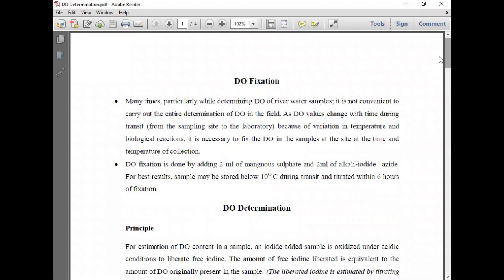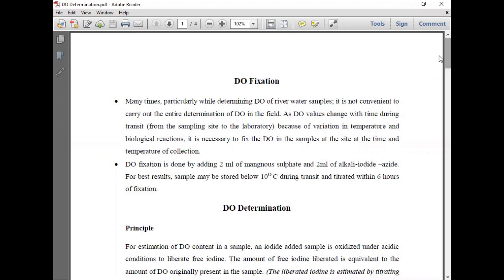We are going to see how the DO is determined. We have already seen DO fixation, and the need of DO fixation we have already seen. Because of the change in the temperature and pressure at the site and in the laboratory, the DO value may change.